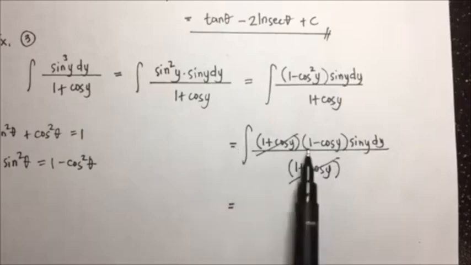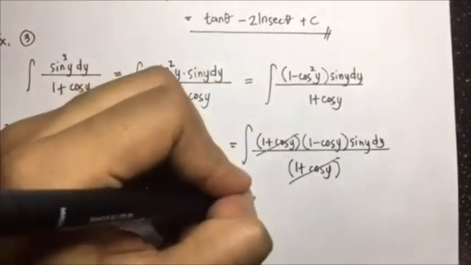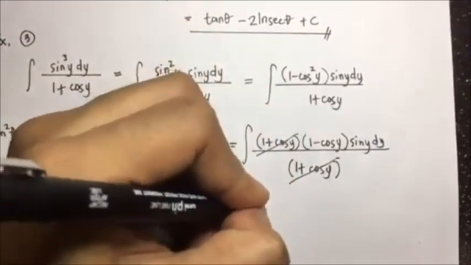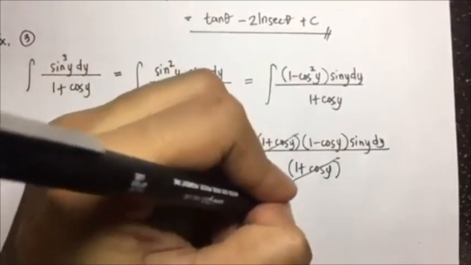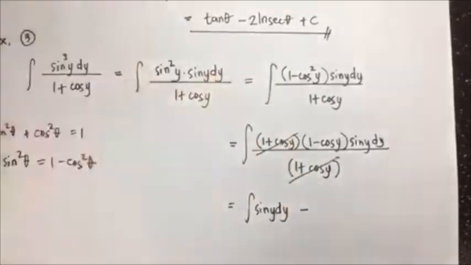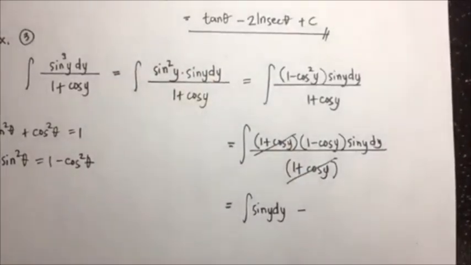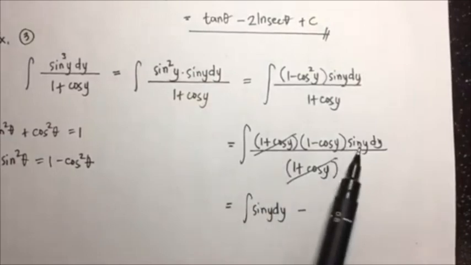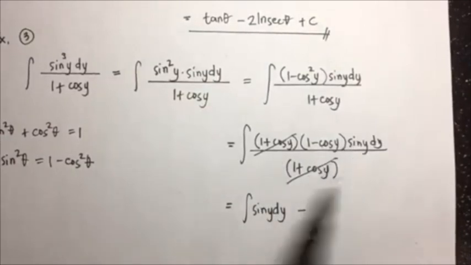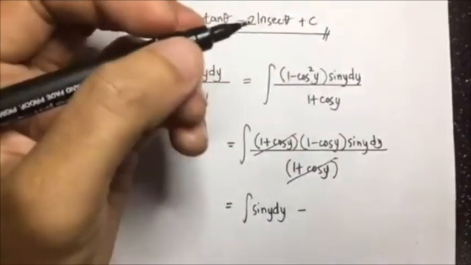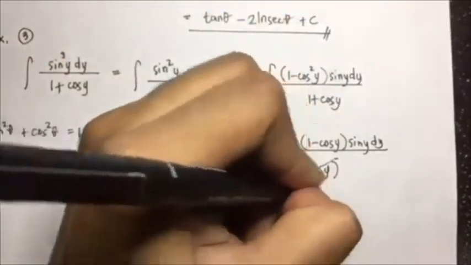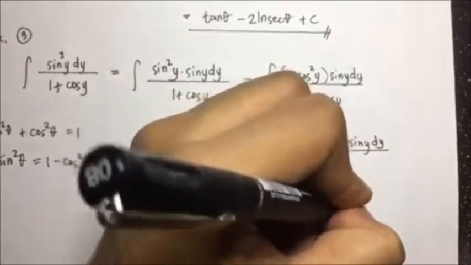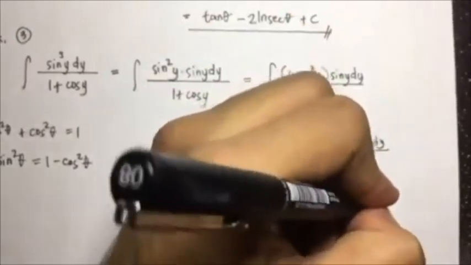You can also distribute the integral sign, so this will become the integral of 1 times sine y dy, so the integral of sine y dy minus the integral of cosine y times sine y dy, so we will have the integral of sine y cosine y dy.